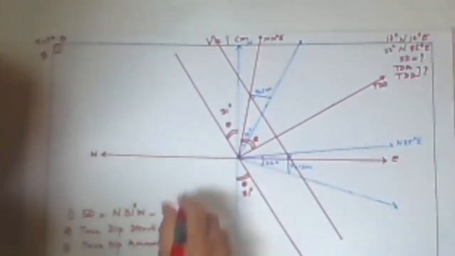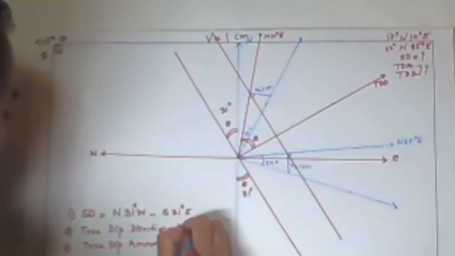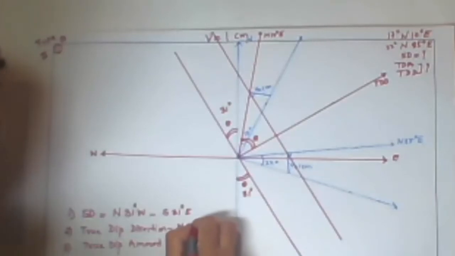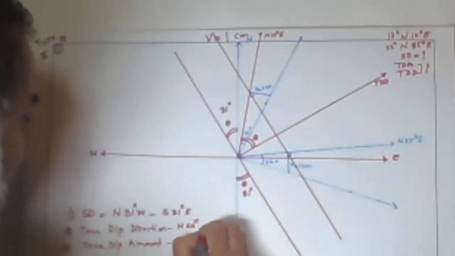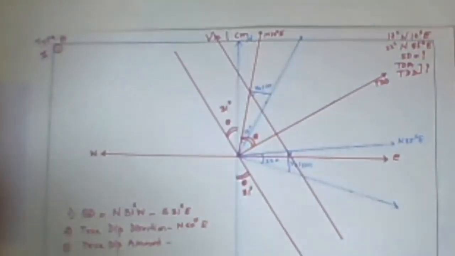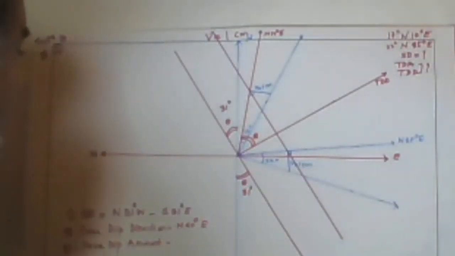So it is 60. North 60 degrees towards east. North 60 degrees towards east.